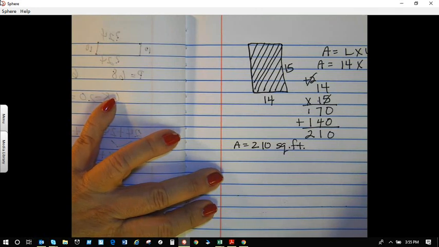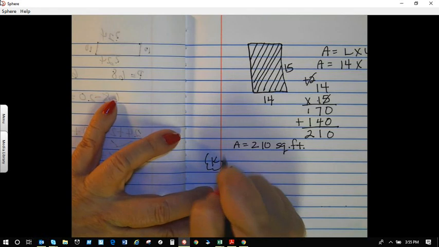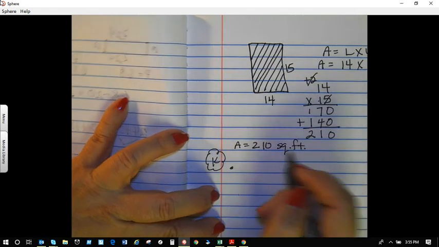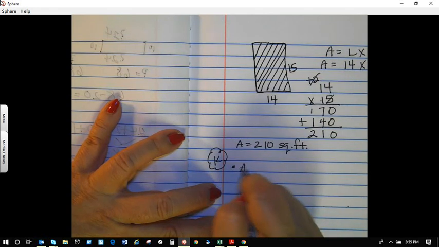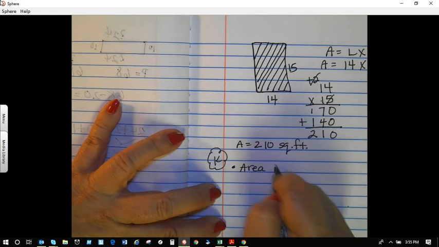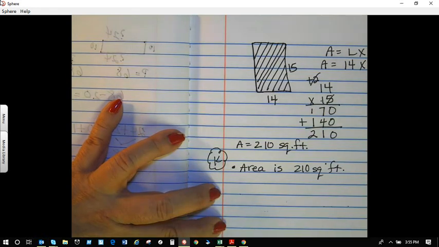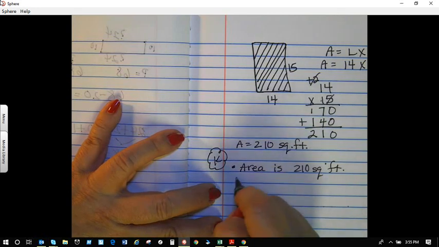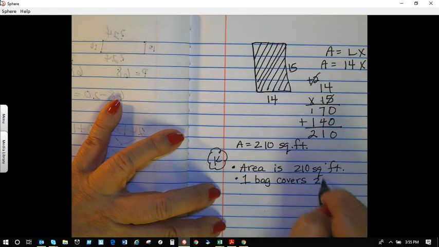Now, here's what I know. I now know that the area is 210 square feet. I also know that one bag covers 20 square feet.